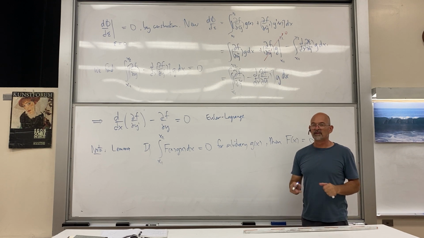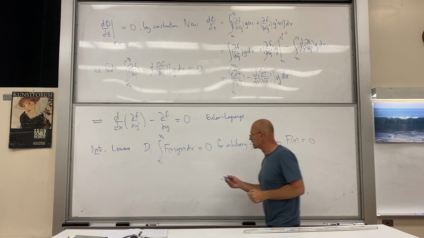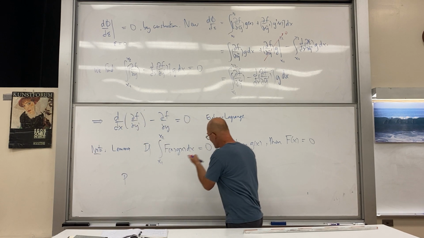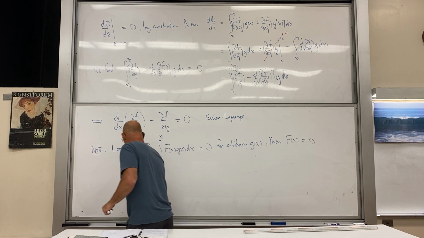So the proof is interesting. It's very simple. It's just by contradiction. Proof by contradiction, which is to say you just turn around this implication here.